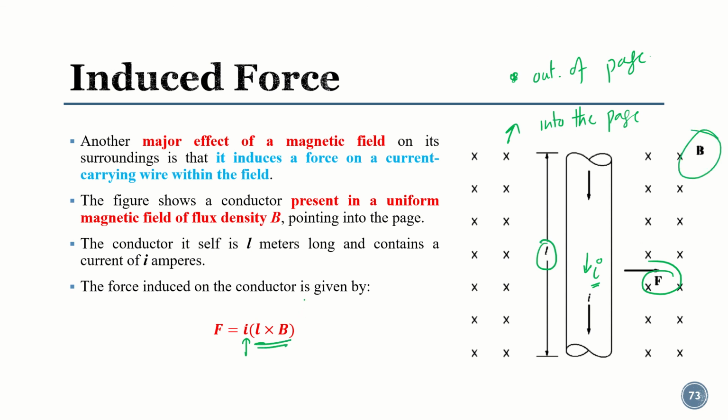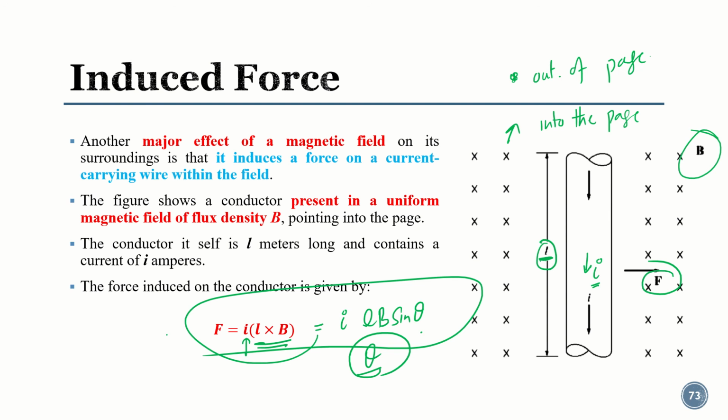We know that L cross B will be LB sine theta, where theta is the angle between the wire and B. This is another effect of the magnetic field on a wire which is present.